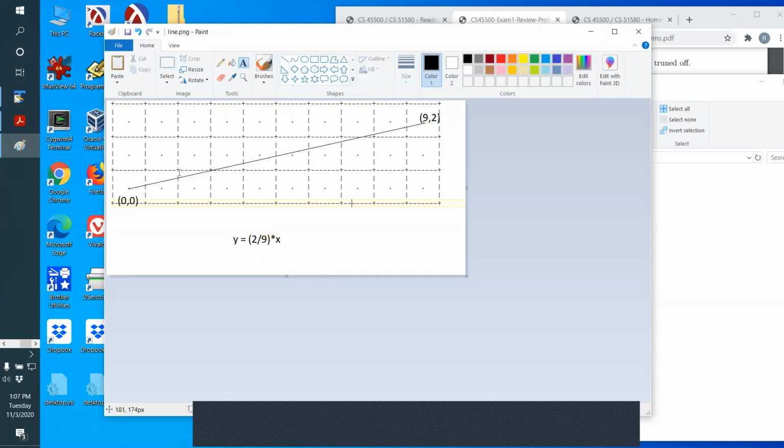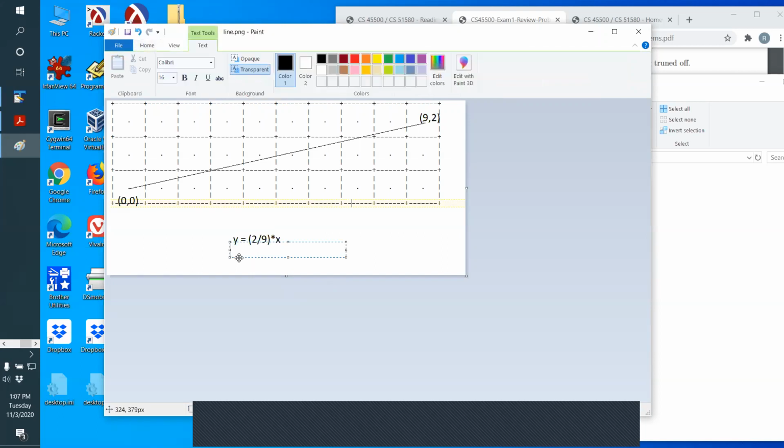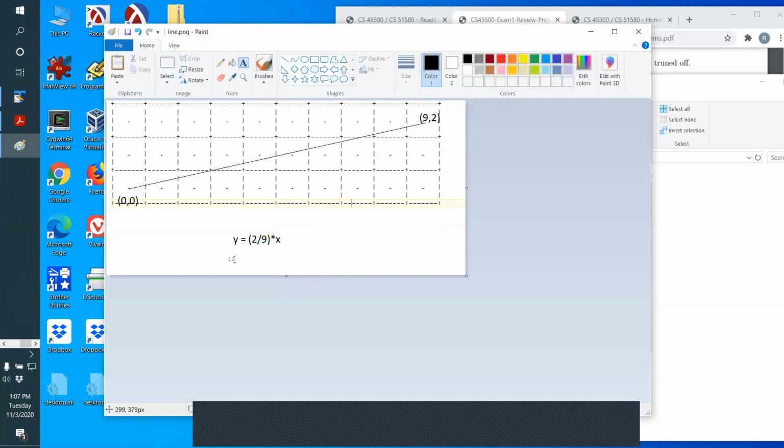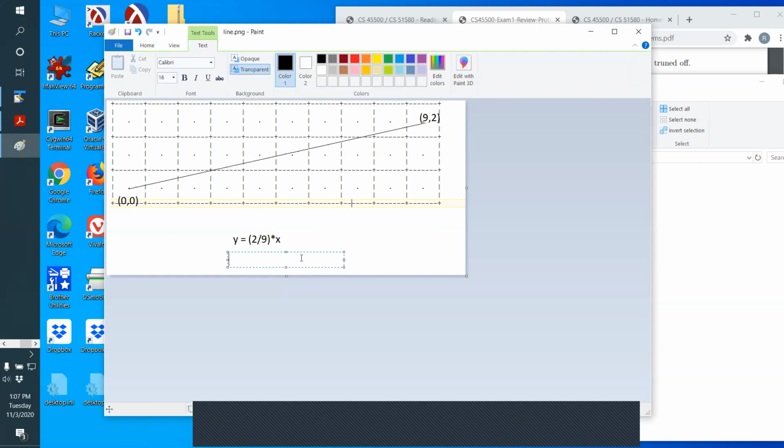Now that point right there would be y of 1 equals 2/9. That was easy.